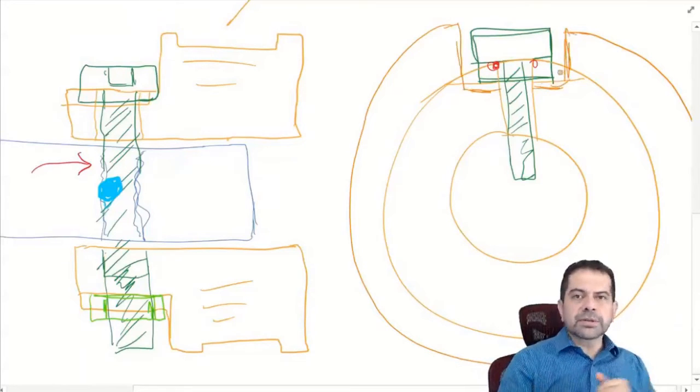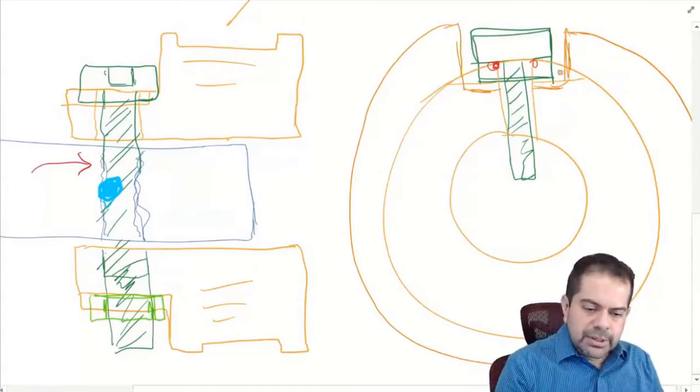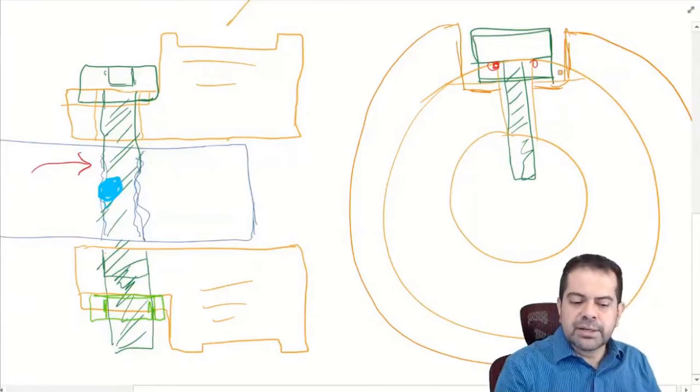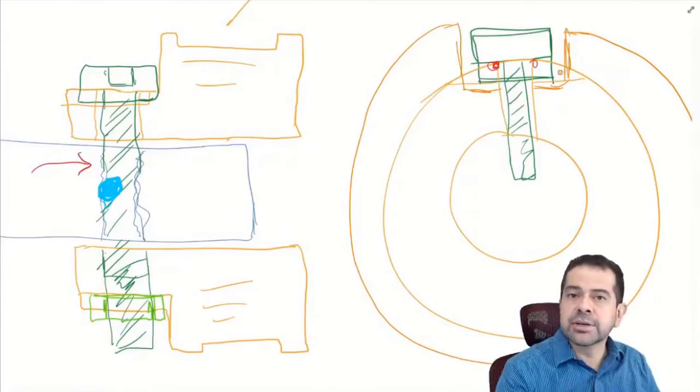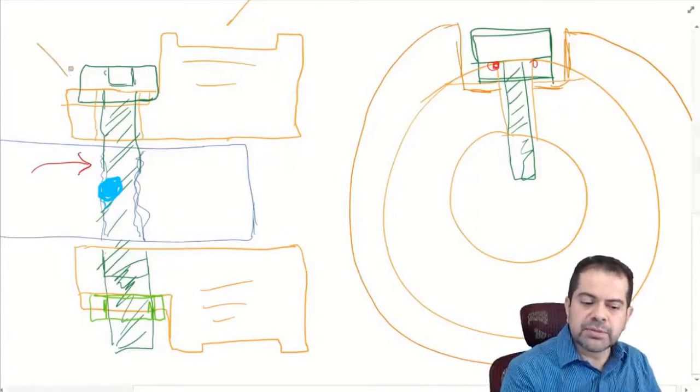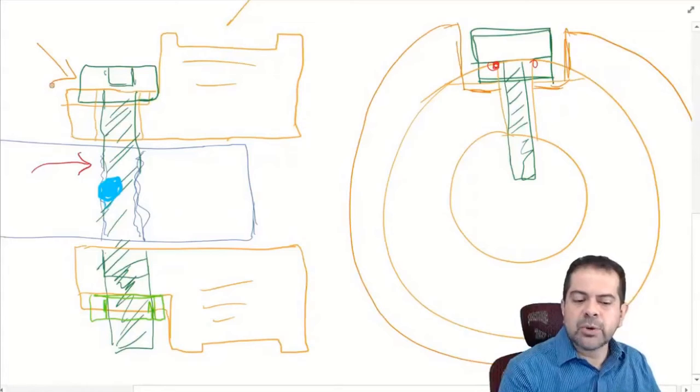That is correct. A couple of things to keep in mind. With this approach, you're now adding a mass that is not centered with the axis of rotation. I'm referring to the head of the screw.